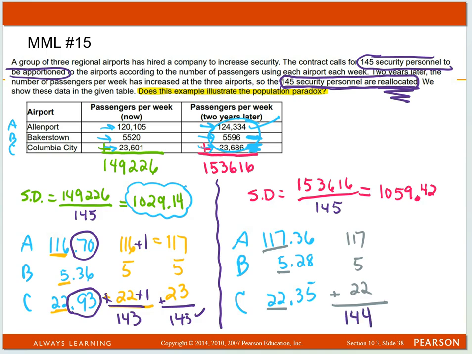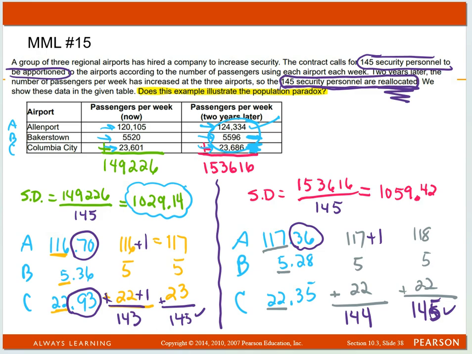There's one more seat, and it's going to go to the largest, which is the 0.36. So add one here, and you've got 118 and 5 and 22. When I add that up, I do get 145. So that one has been allocated correctly.